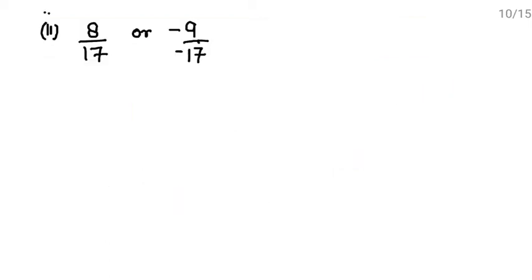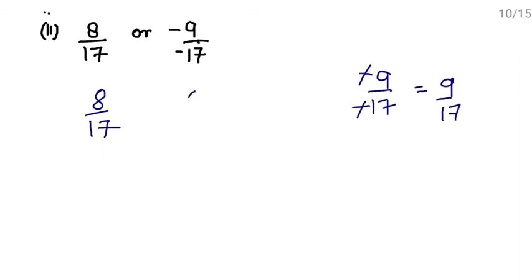Next one, 8 upon 17 and this minus 9 upon minus 17 can be written as, minus sign will be cancelled out, 9 upon 17. Now denominators are same, so we will compare the numerators 8 and 9.